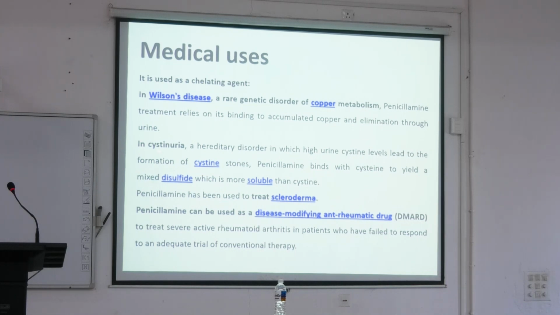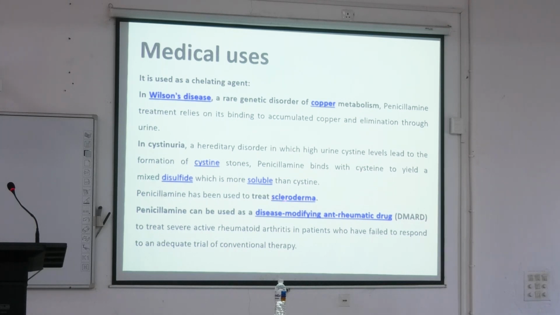In cystinuria, a hereditary disorder in which high urine cystine levels lead to the formation of cystine stones, penicillamine binds with the cystine to yield a mixed disulfide which is more soluble than the cystine. More or less it is binding with the cystine and the complex is being excreted out by being water soluble.